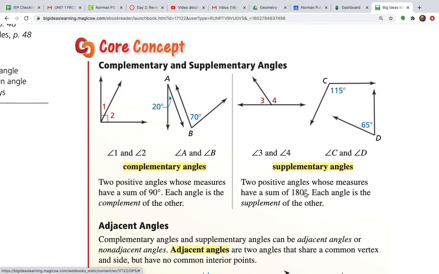Supplementary, they add together to equal 180. So this 115, angle C, and angle D right here, those two add together to be 180. So those are supplementary angles. One way to keep them straight is that complementary comes before supplementary in the alphabet, C comes before S, and 90 comes before 180.